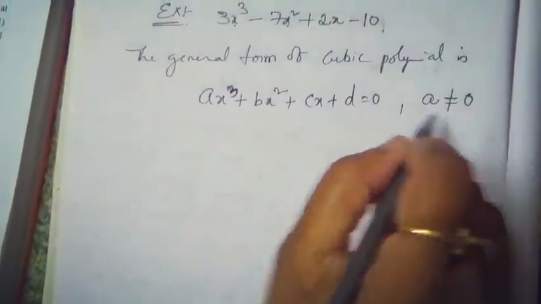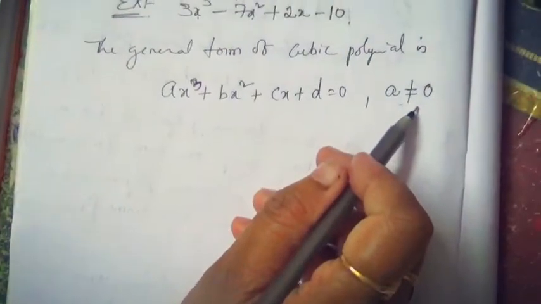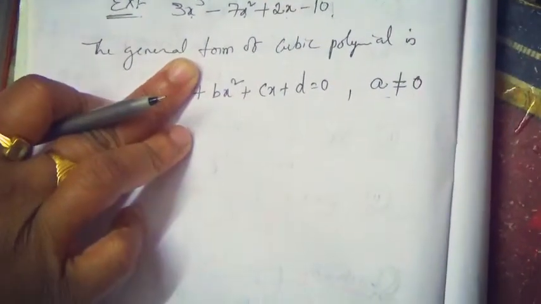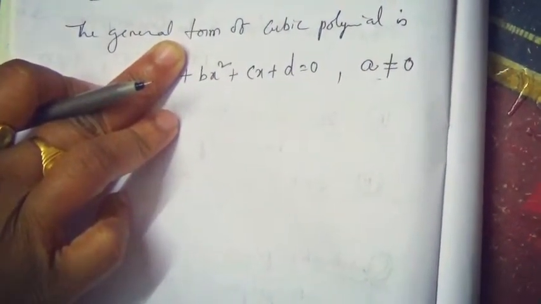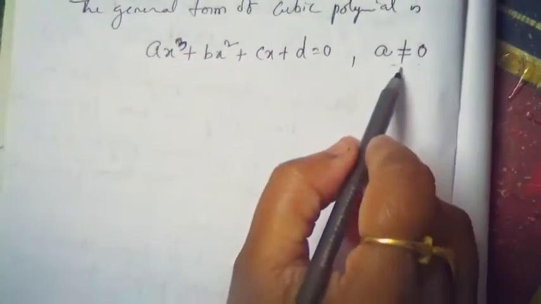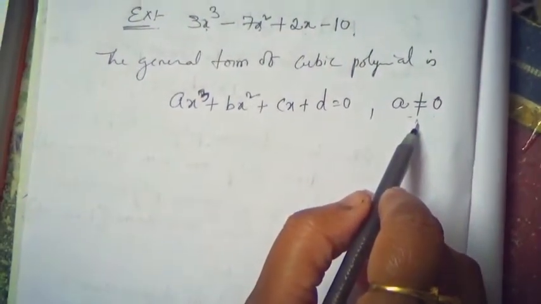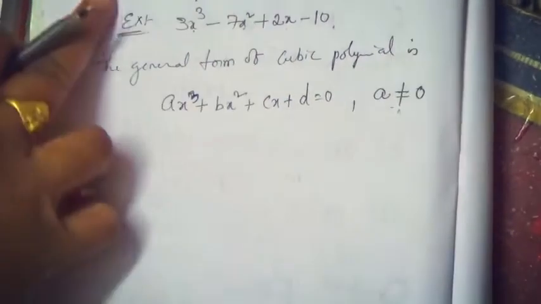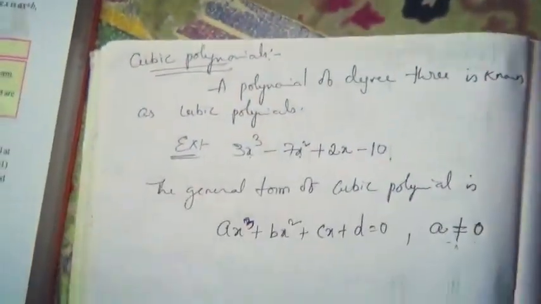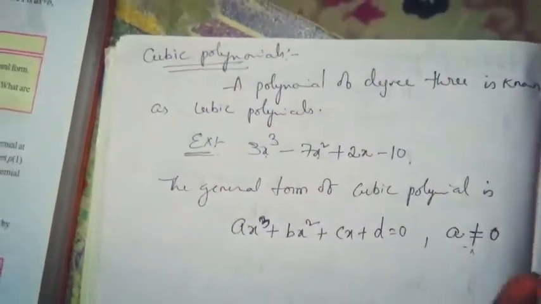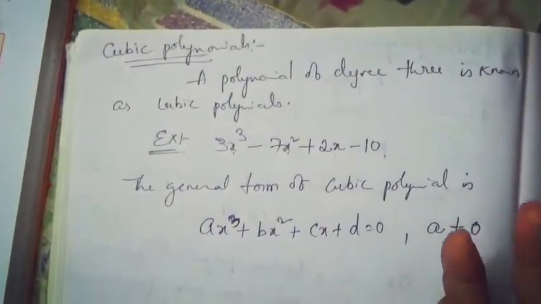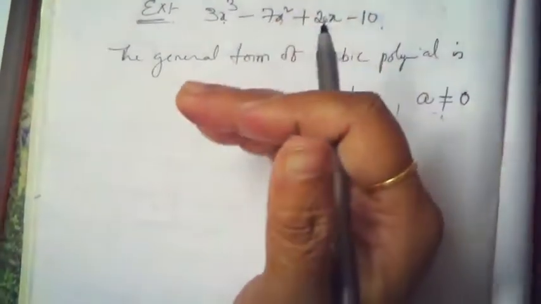If a is equal to 0, then it becomes a quadratic equation. Hence a should not be equal to 0. After the cubic polynomial, we can write any kind of polynomial. I'll show the nth degree polynomial here.